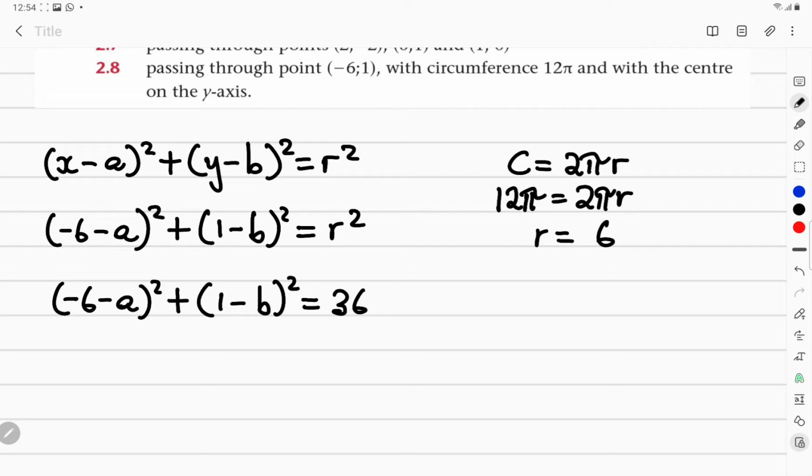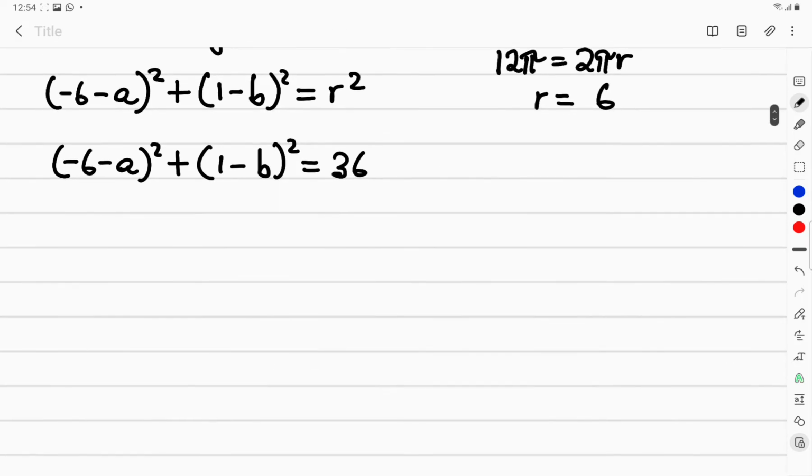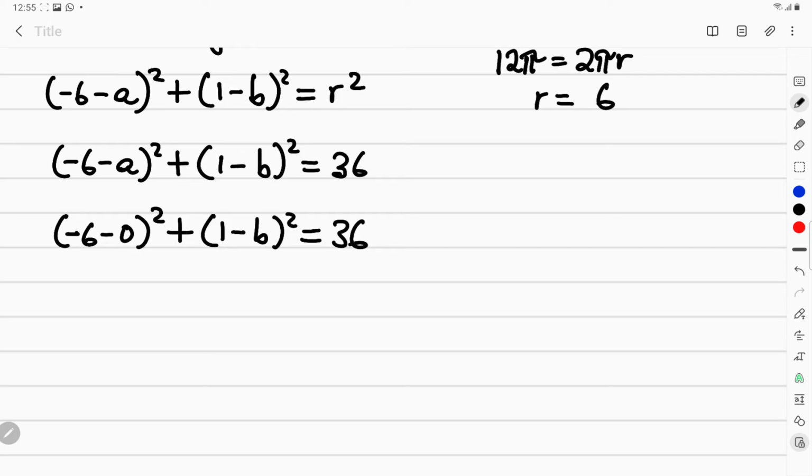And they said with the center on the y-axis. On the y-axis, x is 0, so a is 0, meaning that here we have (-6 minus 0)² plus (1 minus b)² equals 36. We'll be looking for b.